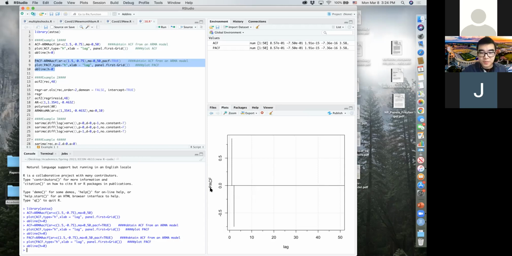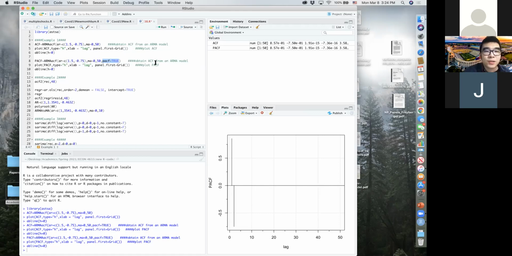Okay, so this becomes PACF, which is correct. To obtain the PACF, you just add pacf equal to TRUE in this ARMAacf command. If you want to get the ACF, you just do not have this part of the code. The default is pacf equal to FALSE in this ARMAacf command.